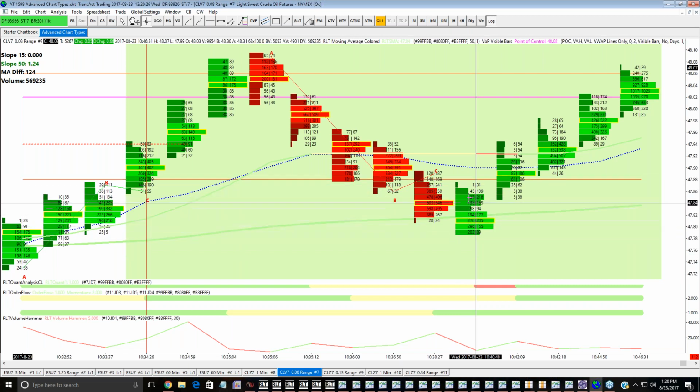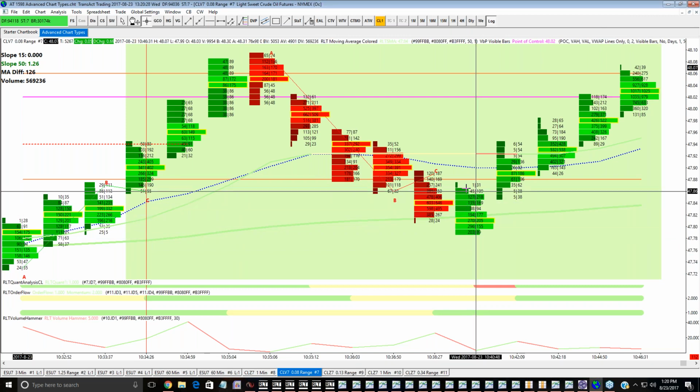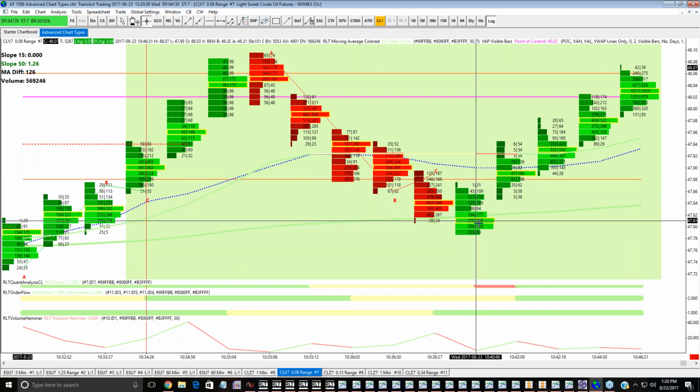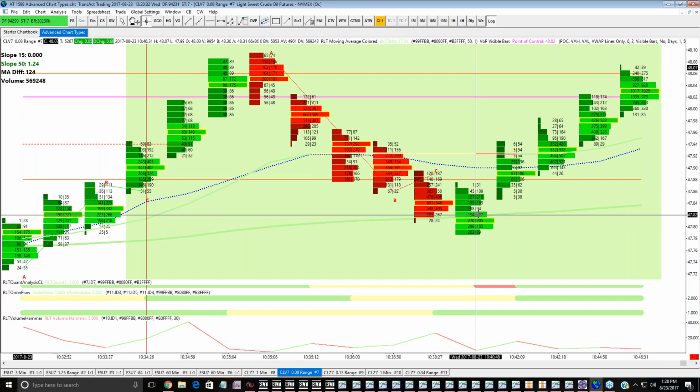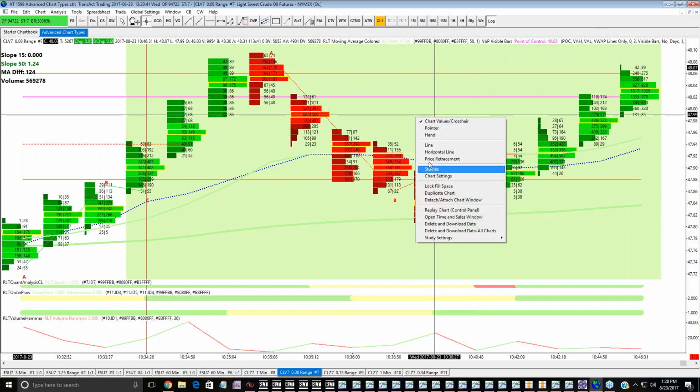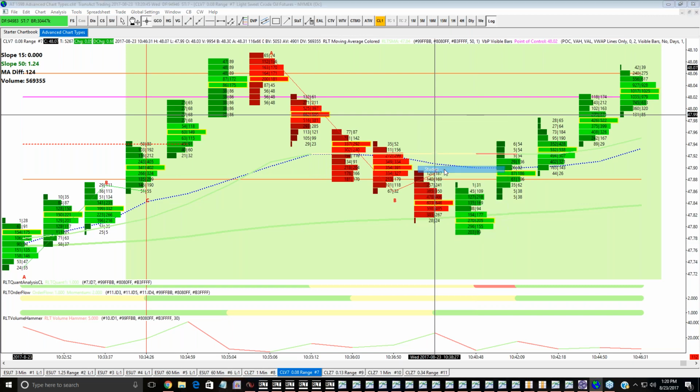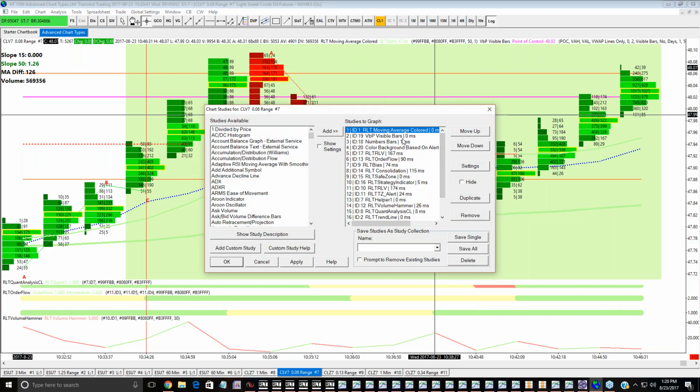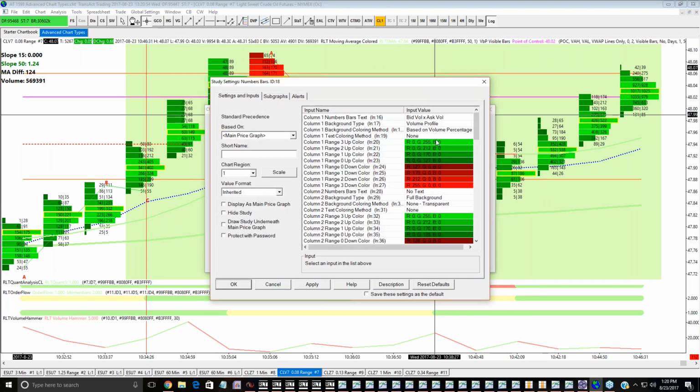And then you'll notice on this candle, and I remember this trade real well on crude, number one, the point of control is bracketed with a lot of aggressive buying. The lighter the candle, the more intense the buy-sell action. And I'm going to show you in the numbers bars the settings. You see, it's based on this.